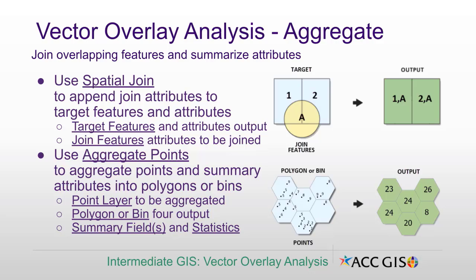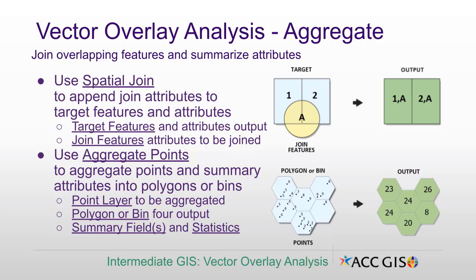Another vector overlay analysis aggregation tool is aggregate points, which we use to aggregate points and summary attributes into polygons or bins. In this tool, the point layer is the thing to be aggregated. So we're aggregating points and attributes associated with a point layer, and then the polygons or bins in which the point layers will be aggregated into, along with any summary fields and their statistics.